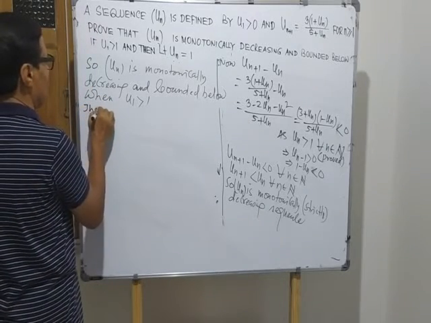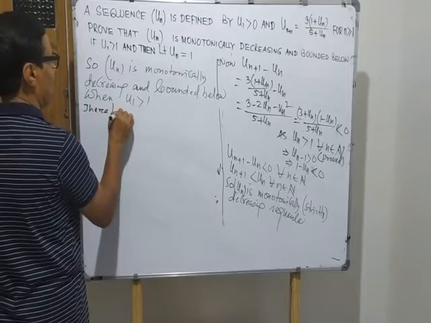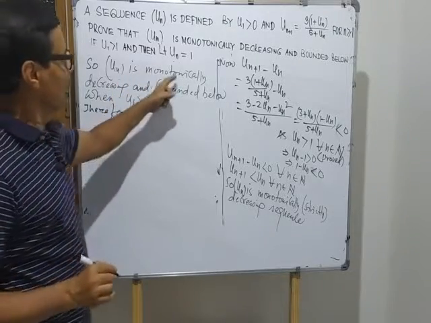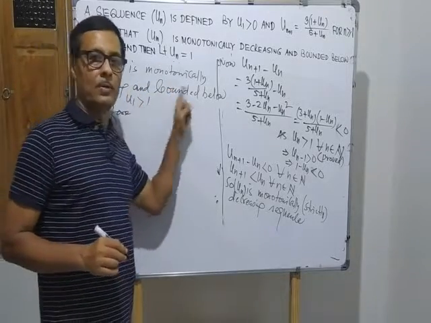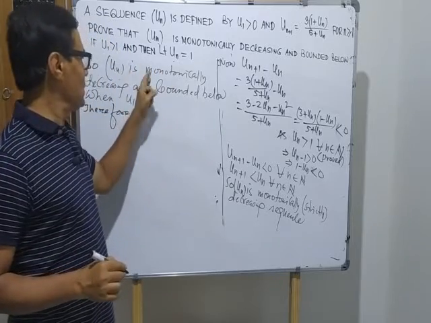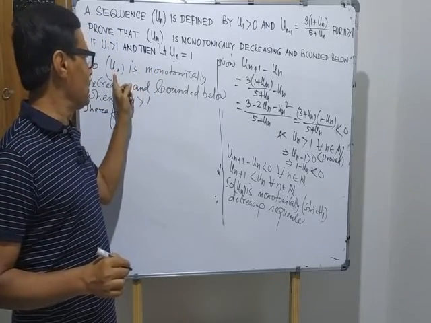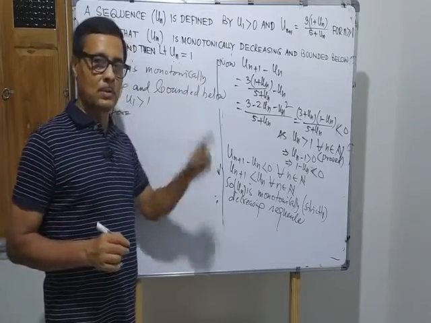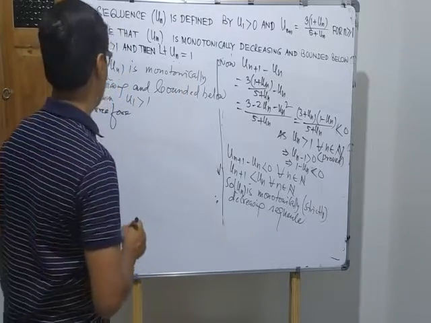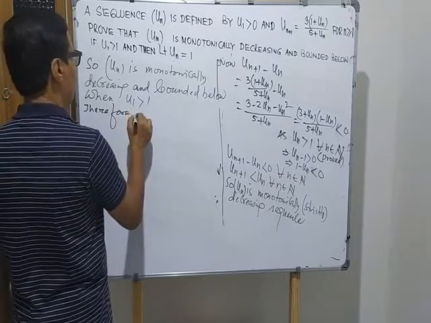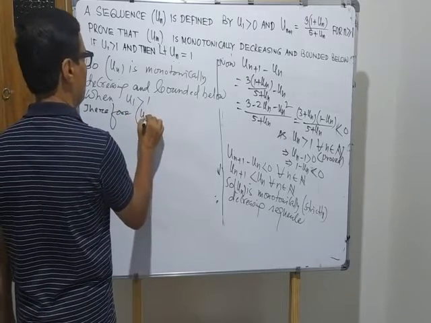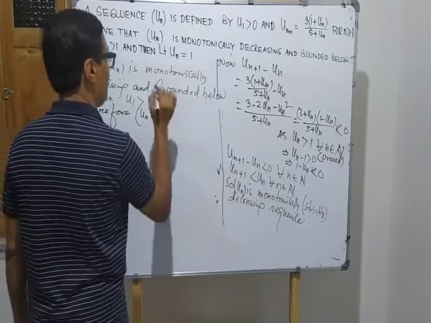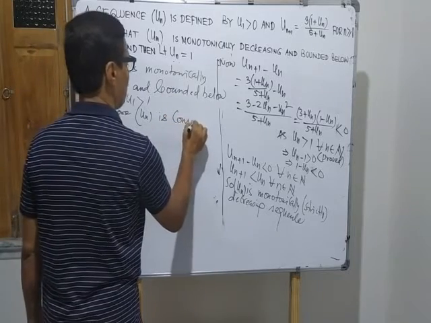Therefore, as every sequence which is monotonically decreasing and bounded below is convergent, un is convergent.